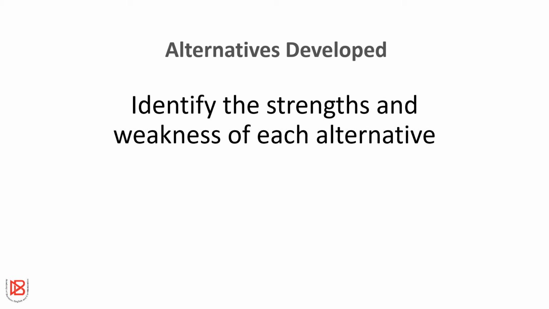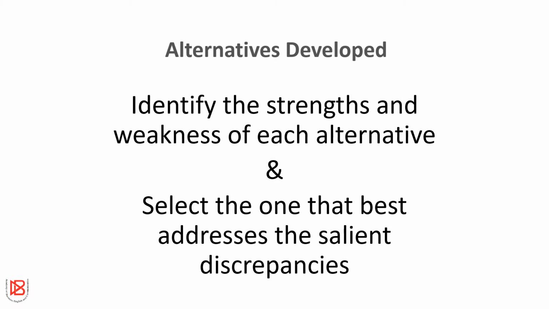Let us understand the alternatives: develop the strengths and the weaknesses of each alternative. Identify the best one that addresses the salient discrepancies. Now, what is the one best thing that can mitigate the discrepancy in the first place? So identify your weaknesses and your strengths. I said some of the alternatives would be resource consuming, some would be time consuming, some would be cost consuming, some would require a special ability or technicalities.